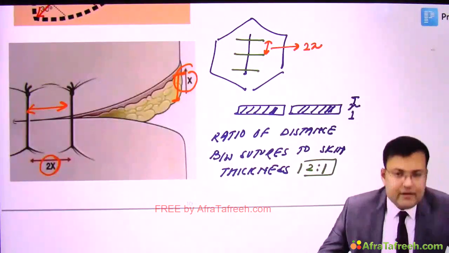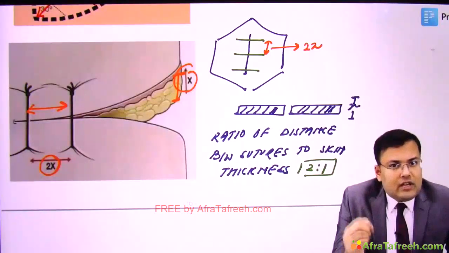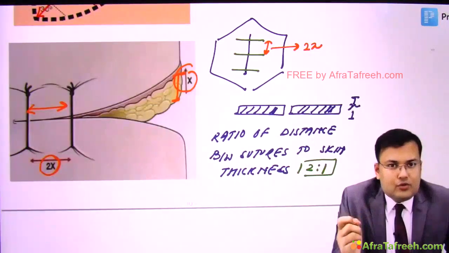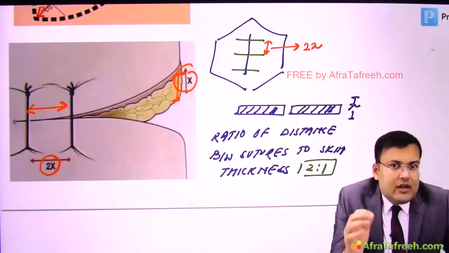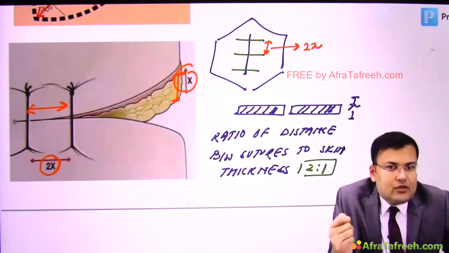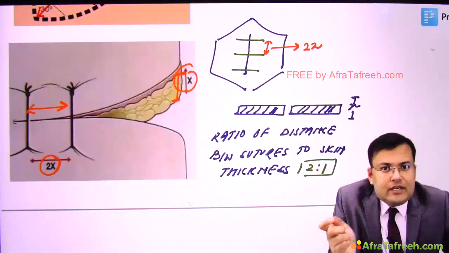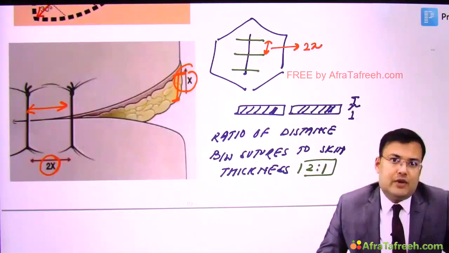Clear? It is very easy to remember. According to Jenkins rule, suture length to wound length ratio is 4:1. For elliptical incisions to heal without tension, length to width ratio should be 3:1, and for skin suturing, the distance between sutures to the skin thickness ratio should be 2:1.